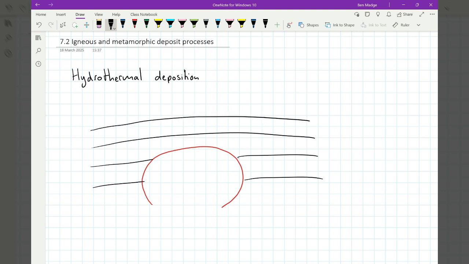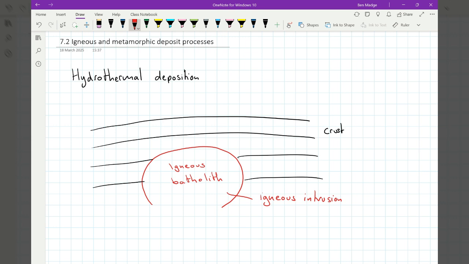So here is our crust, and we've got our different layers of rock, and this is our igneous, what's called batholith. So this is an intrusion, or an igneous intrusion, which means it's not reached the surface.